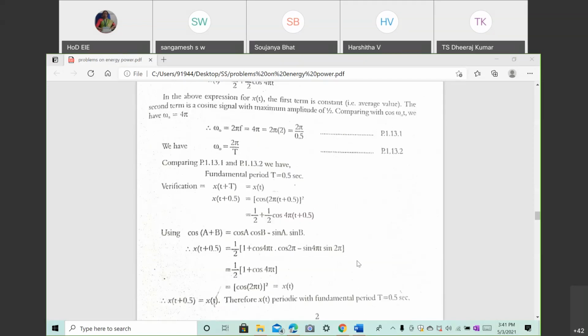Trigonometric equations you have to recall. It is simple mathematics, simple simplifications: what to substitute, what data to use, and what to verify. If you know these simple things, for every different problem you will definitely get the correct answer.